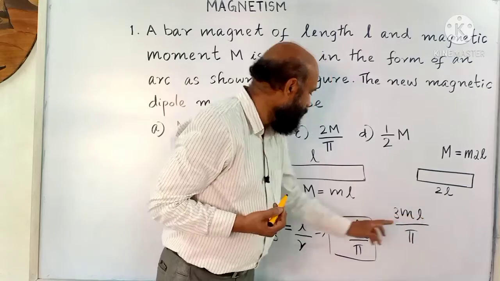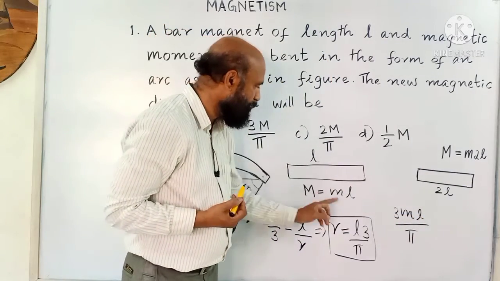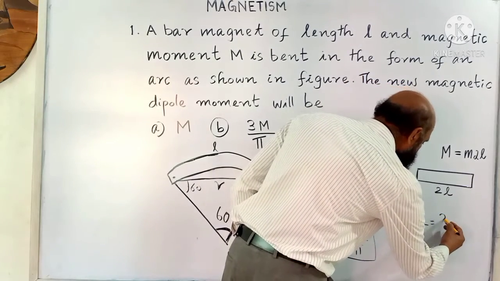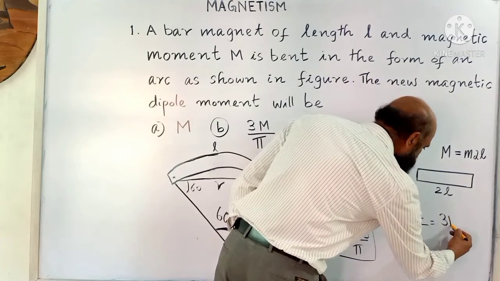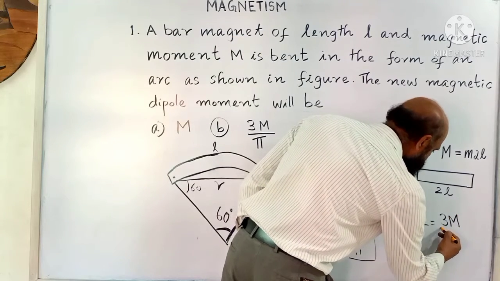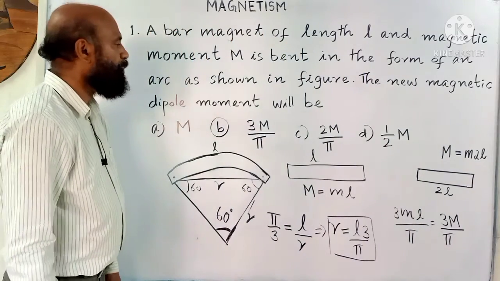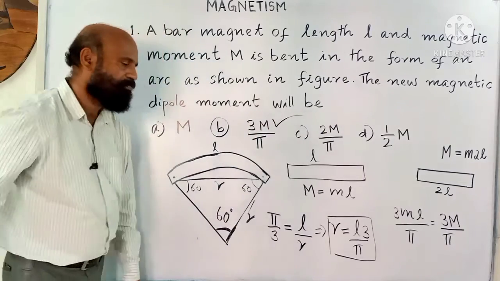Now M into L is the magnetic moment before bending. So the new magnetic moment will be 3M by pi, where M is the magnetic moment before bending. So this is the correct option.